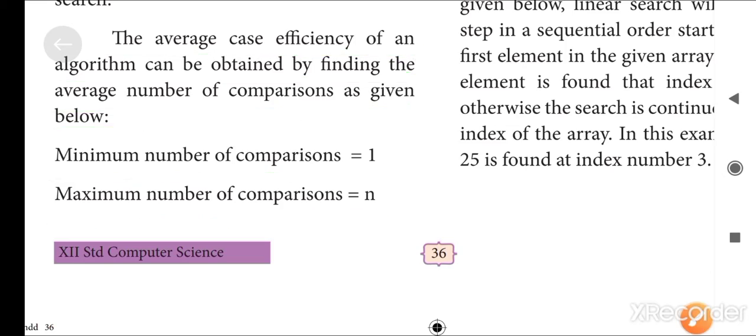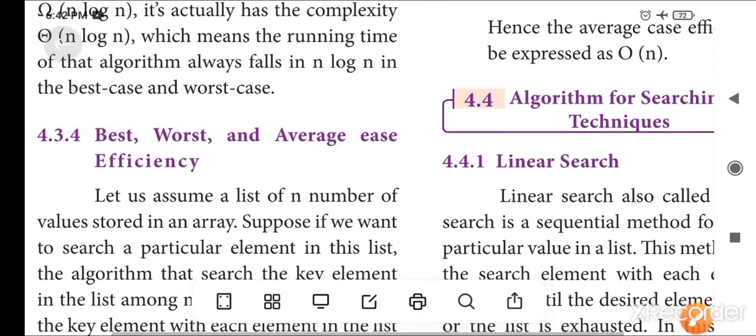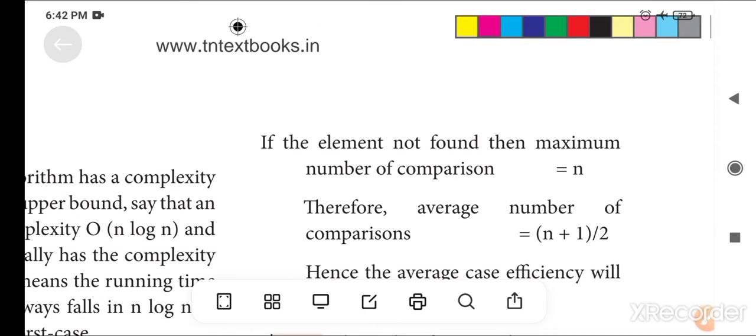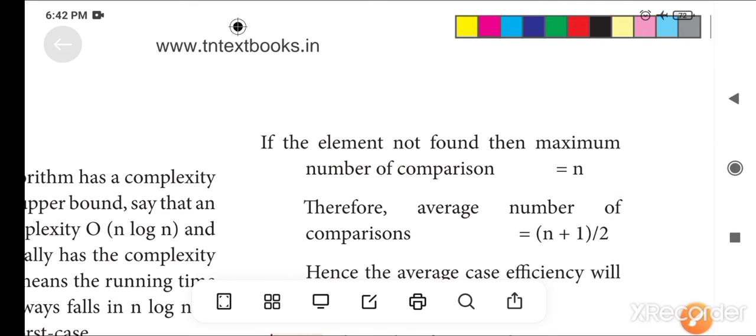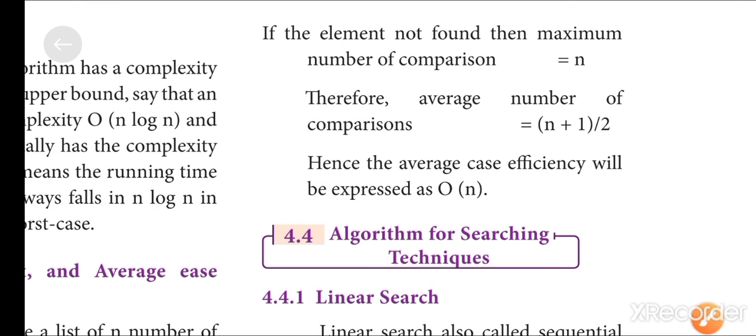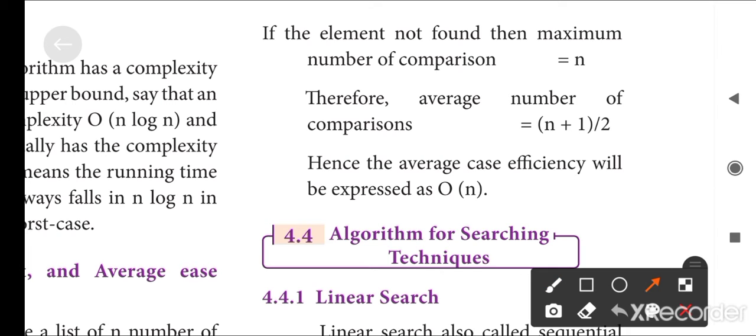The next one is, if the element is not found, then the number of comparisons is equal to n.